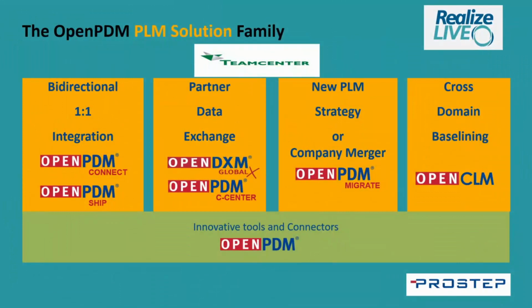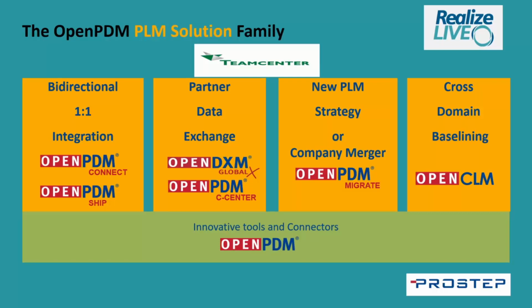So if we look at our family of products, we start with our OPENPDM, which is our integration platform. And the next two products, OPENDXM Global X and OPENPDM C Center, which we shortly call Collaboration Center, allows us to extend beyond your four walls of your enterprise to your partners and suppliers.